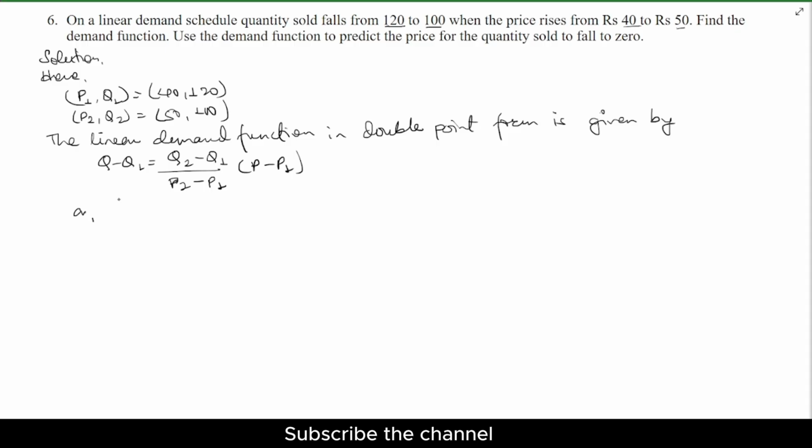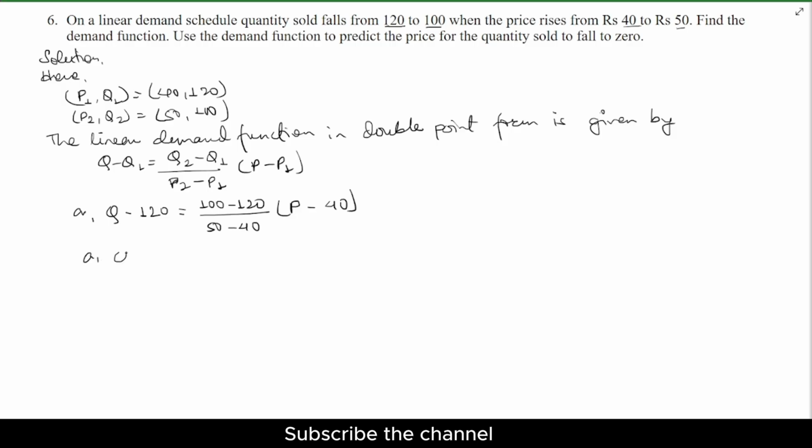The value of Q1 is 120. Q2 is 100 minus 120. P2, the price, is 50 minus 40. P minus P1 equals 40.